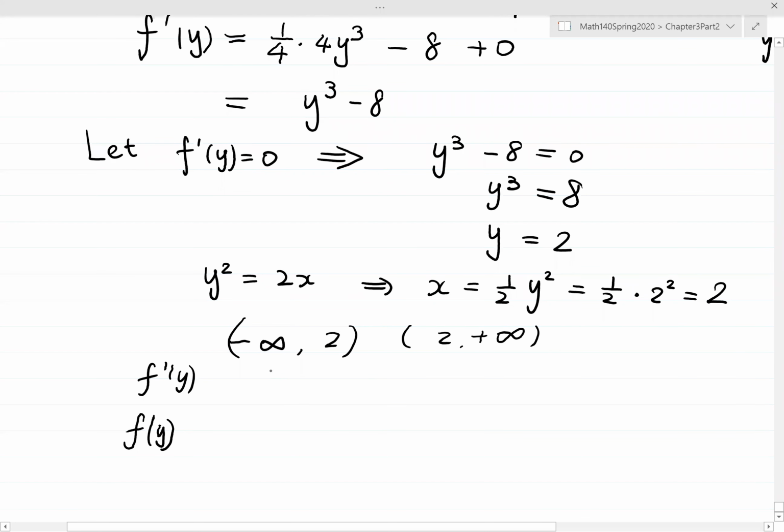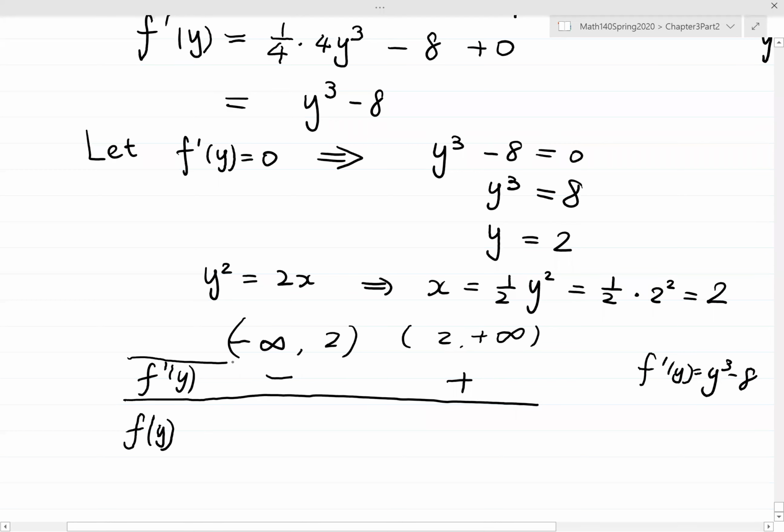When y is from this part, it's negative. When y is from 2 to infinity, greater than 2, then remember the derivative is y³ − 8. If y is greater than 2, for instance, y is 3, 3³ is 27. 27 minus 8 is positive. So f′(y) is positive when y is from 2 to infinity.